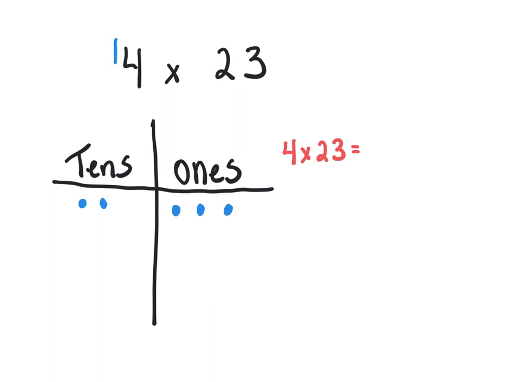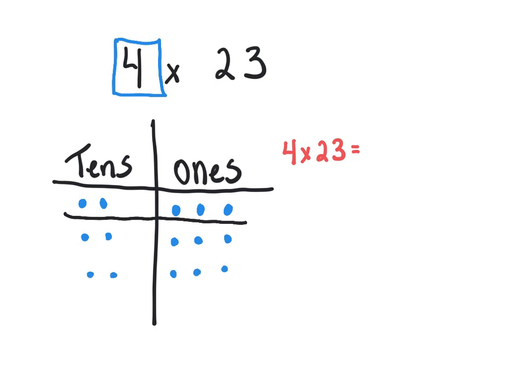But now I need to make 4 groups of this. So we need to make another group here. So we've got 1, 2, 3, 1, 2. So that's 2 groups. Now we're on our 3rd group. And then we're on our 4th group.